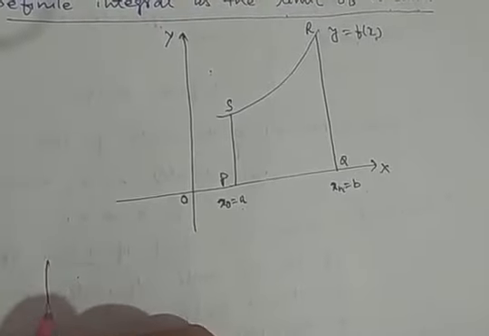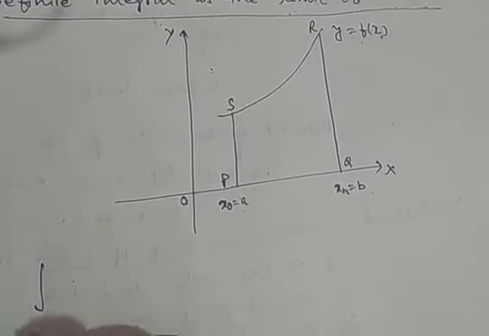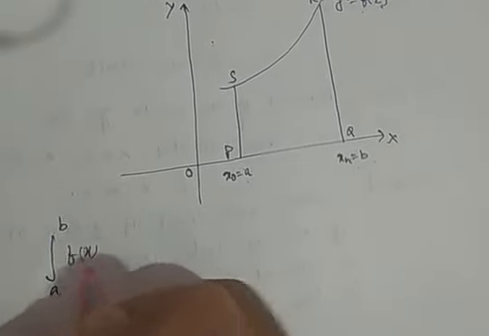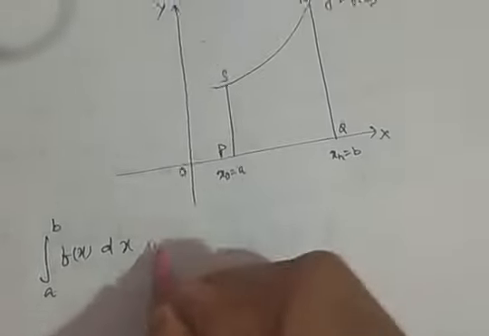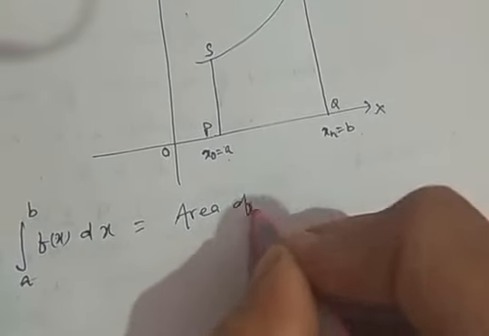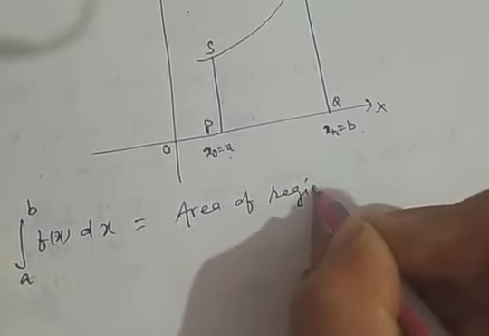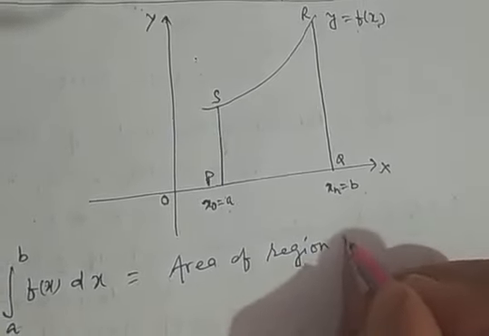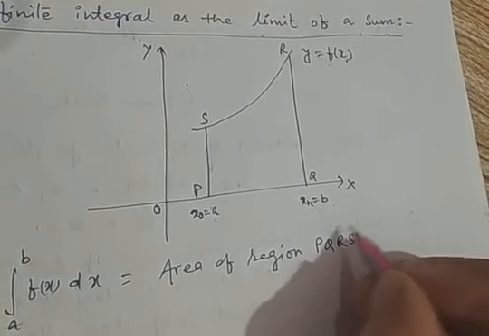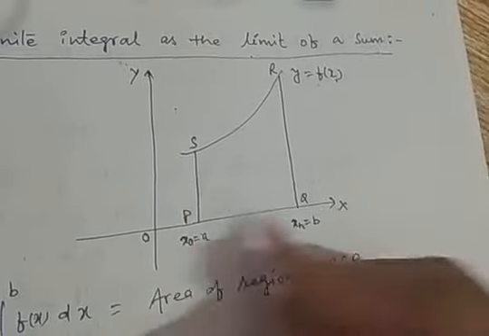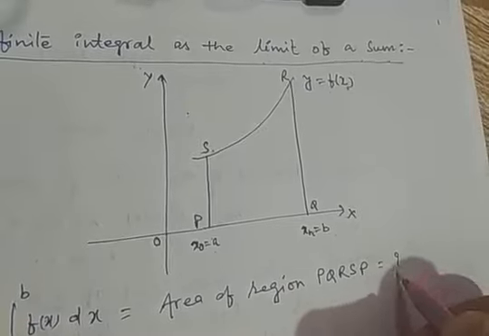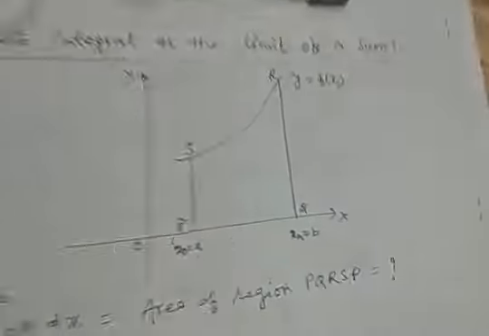Here, integration from a to b f(x) dx, what is this? This is the area of region PQRSP. What is the value of this region?